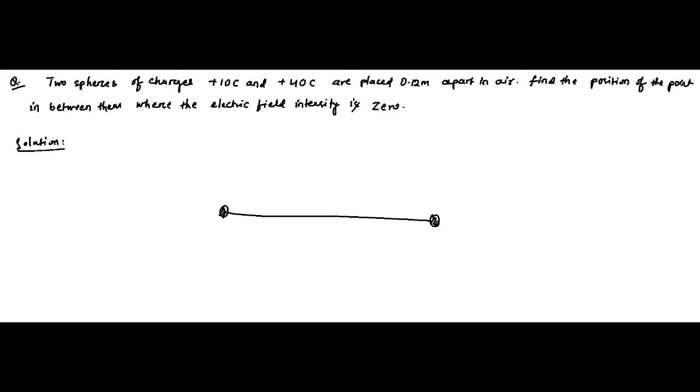Let's call this spot A, call this spot B. This is plus 10 coulomb, this is plus 40 coulomb, and let's say we take a random position in between, let's say this P, which is at a distance of x meter from A on the left hand side.